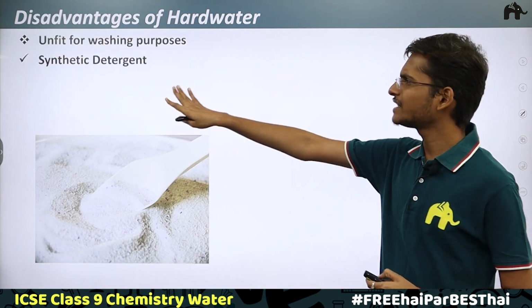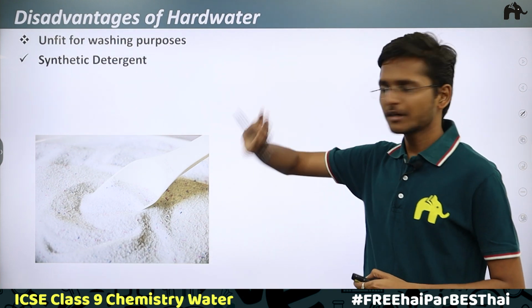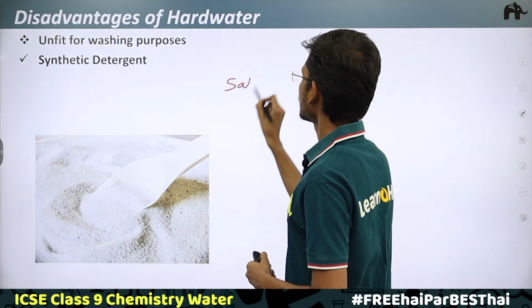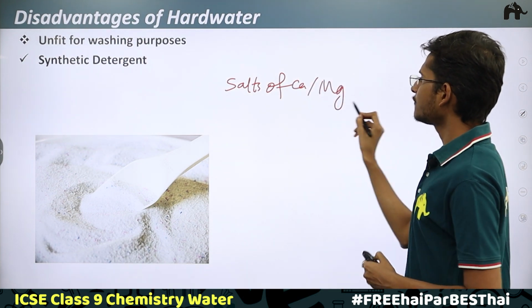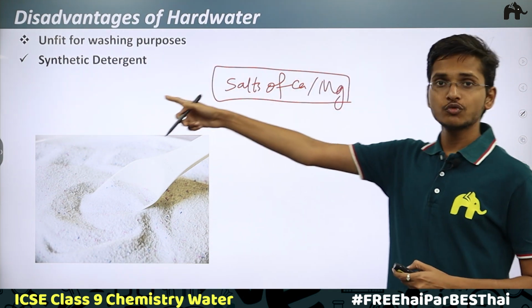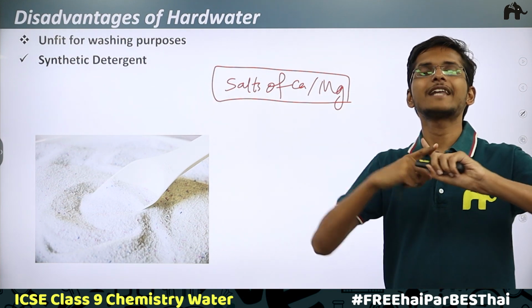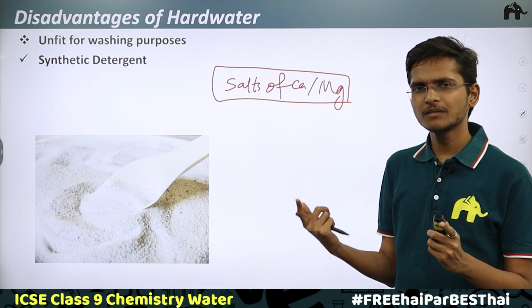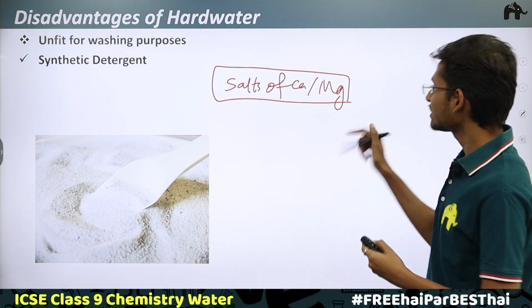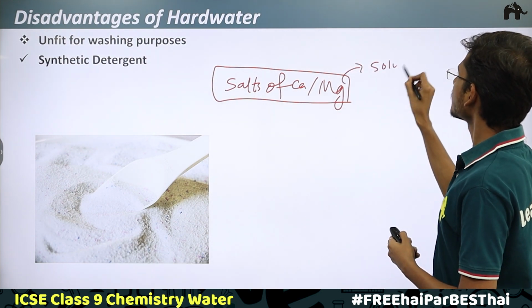No need to go into that much detail about what synthetic detergents are made up of, but whatever salts of calcium or magnesium are formed when we are using synthetic detergent, they are not like scum. Why? Scum is not soluble, but this is soluble, right?